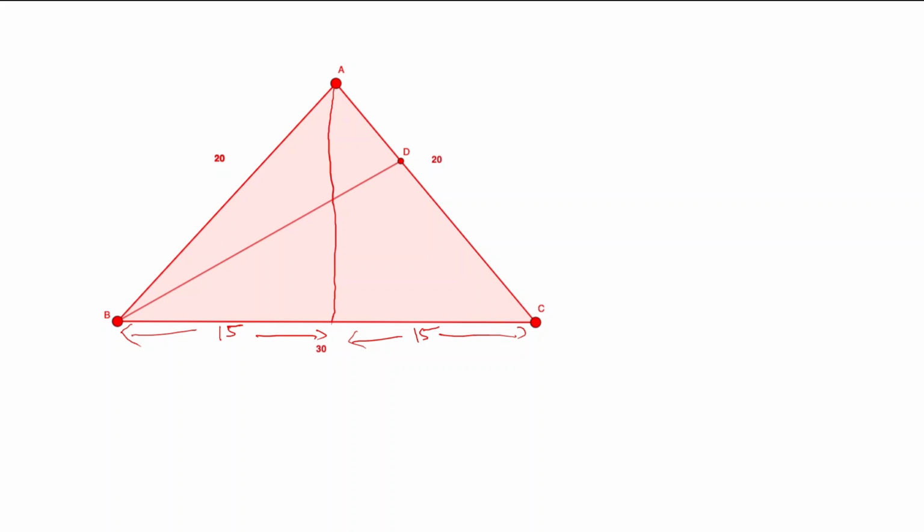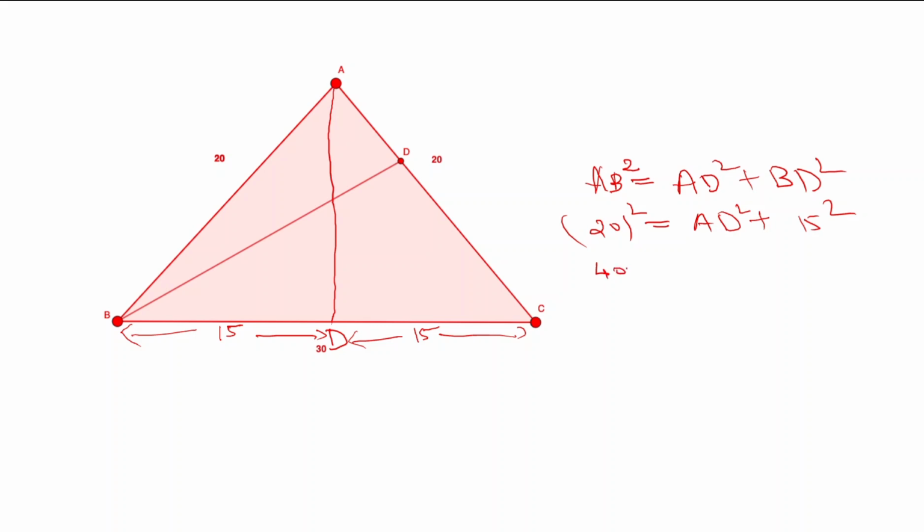I can apply the Pythagoras theorem. AB square is equal to, let's say this point is D, AD square plus BD square. I hope there is no issue. So I'm just going to solve it directly. 20 square is equal to AD square plus BD square, and BD square is 15 square.